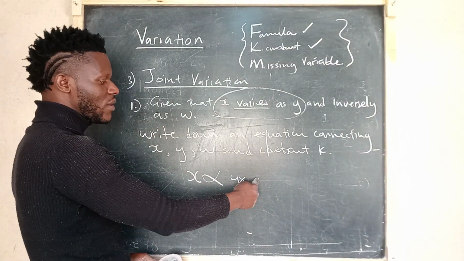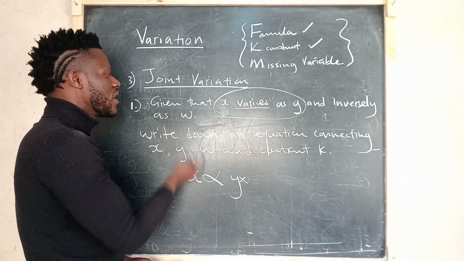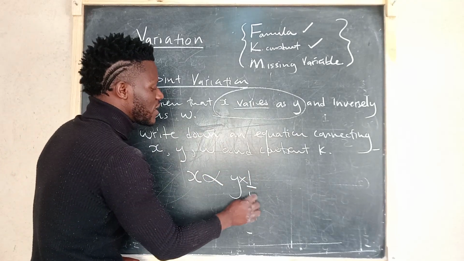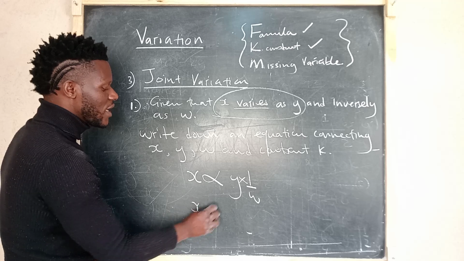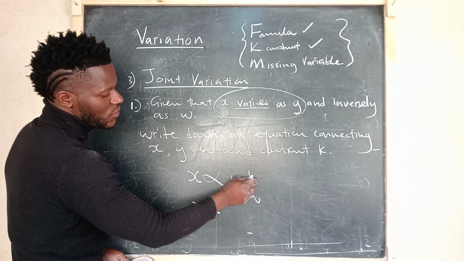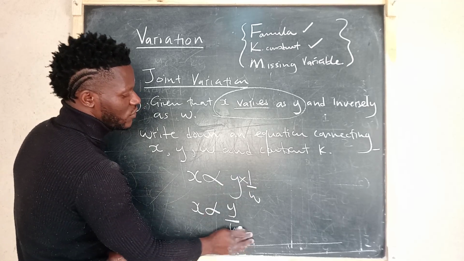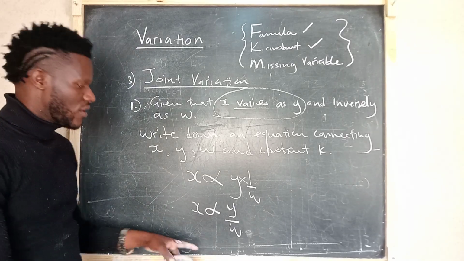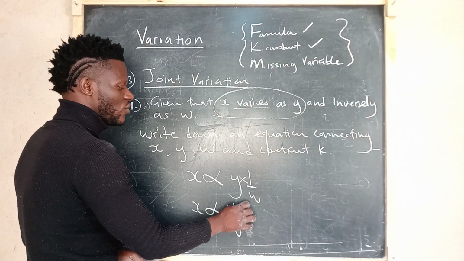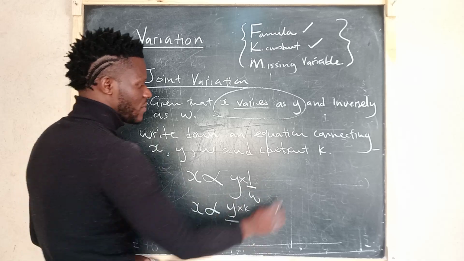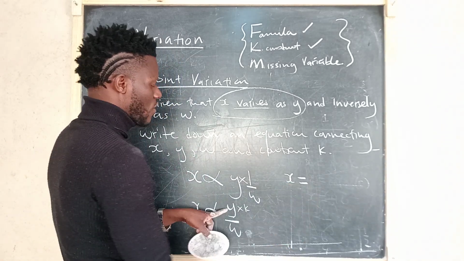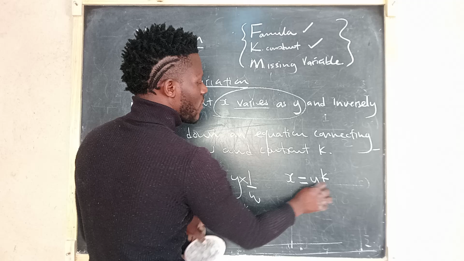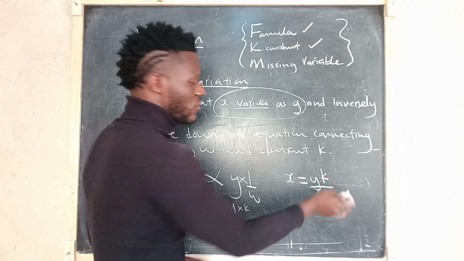Instead of writing down w like we did in the previous example, now w is going to be inverted like this. So it becomes x varies as y times 1 over w, that is y over w. Then we need to introduce constant k, so it becomes an equation. Multiply the numerator by k, it becomes x equals yk over w.